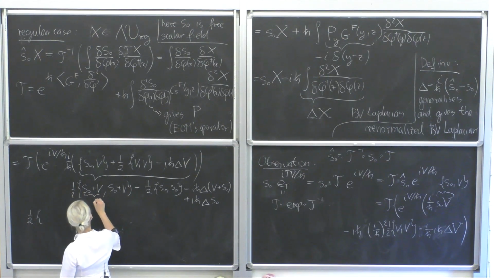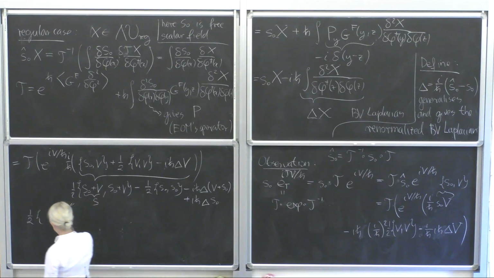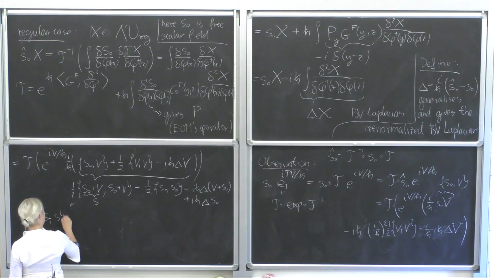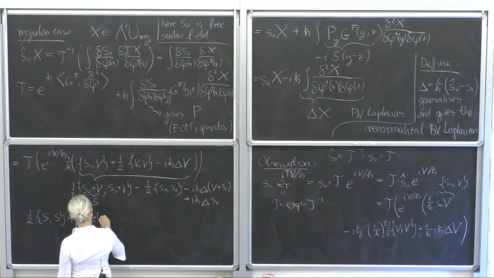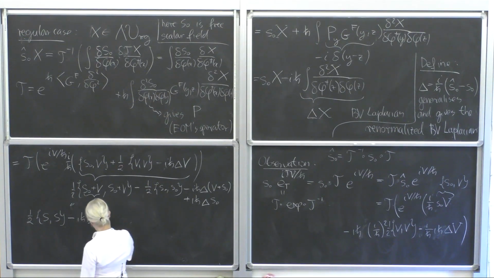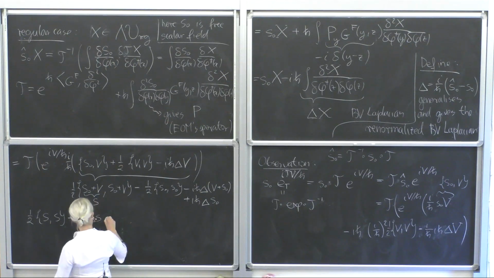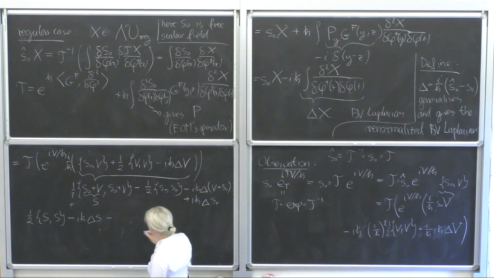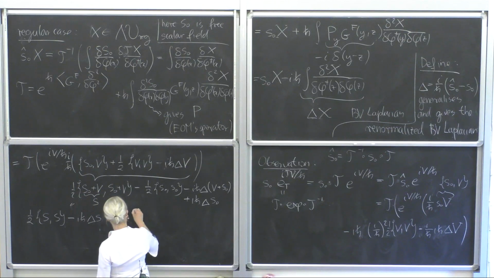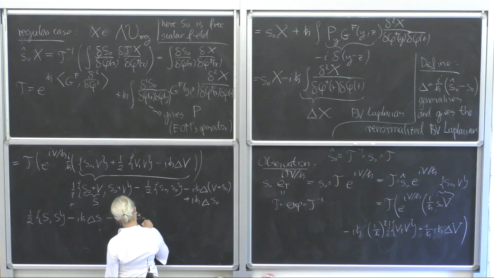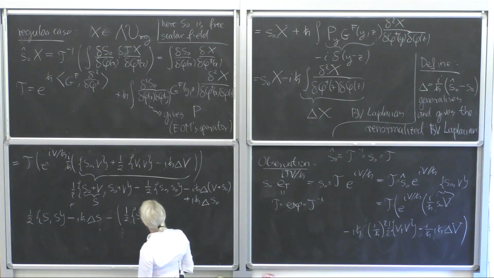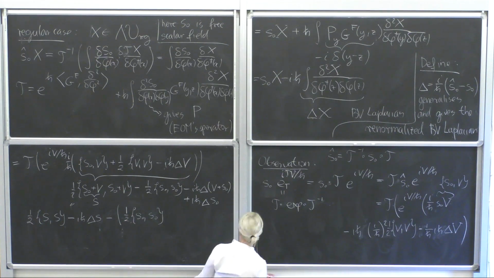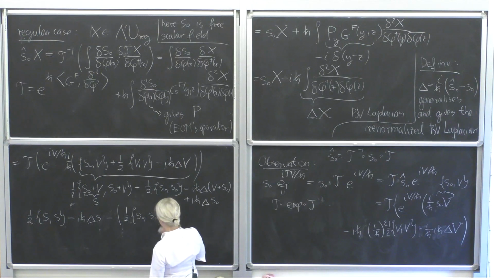So this is the whole S. So S with itself minus i h bar delta of S. Minus, and then the same equation with S0, also this way, delta S0.